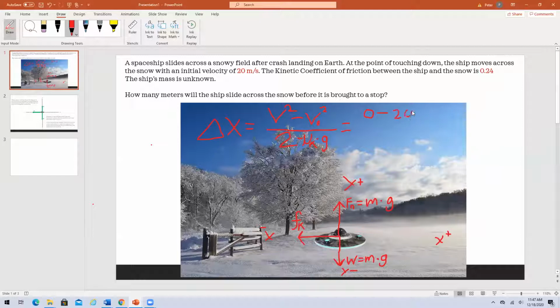That's our initial velocity, 20 squared, divided by 2 times, let's put some parentheses around here, negative 0.24 times 9.8.